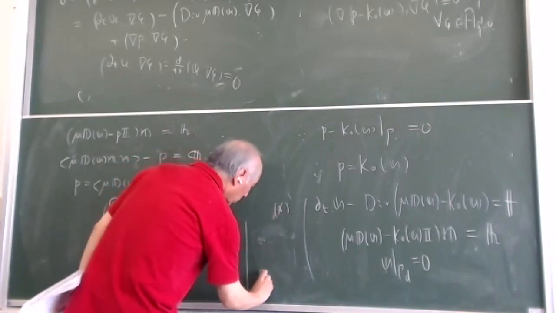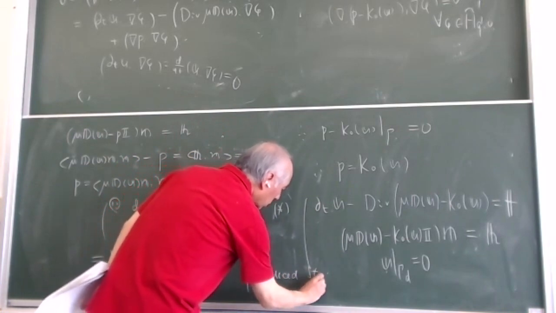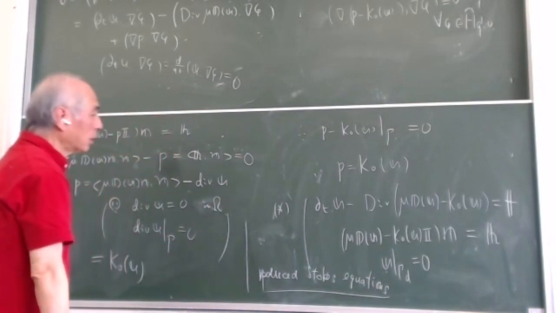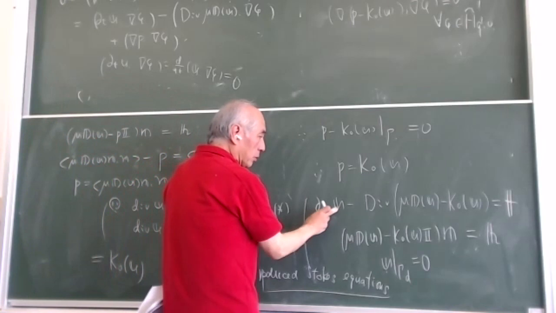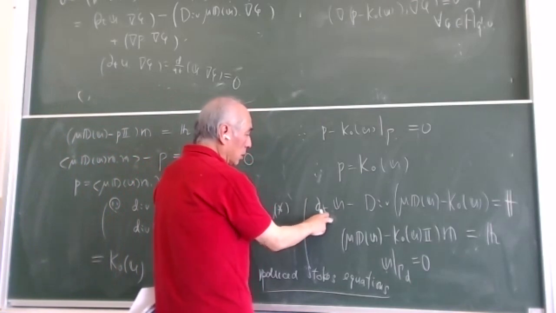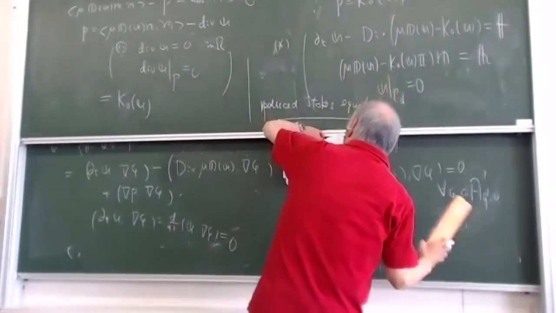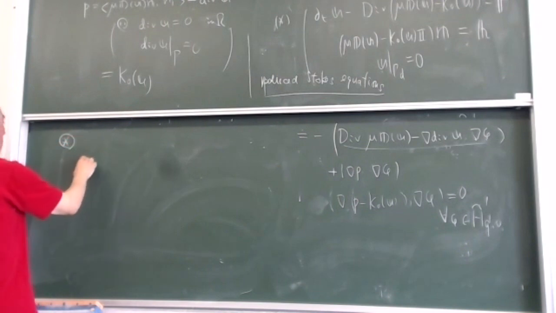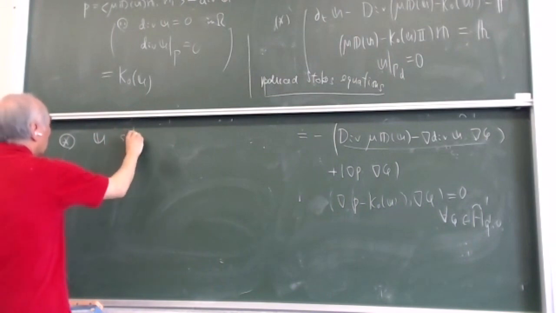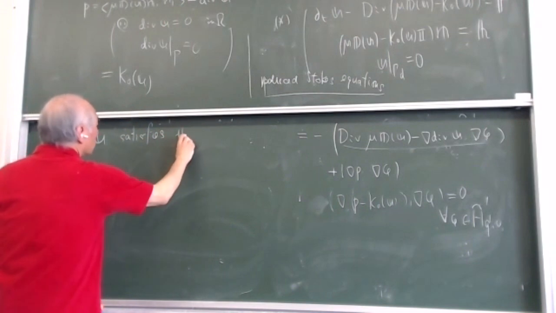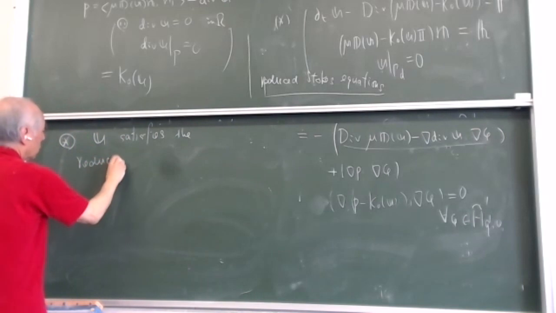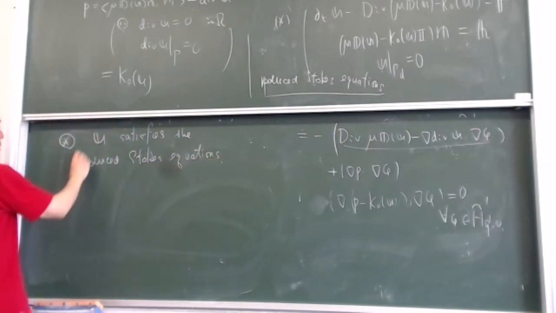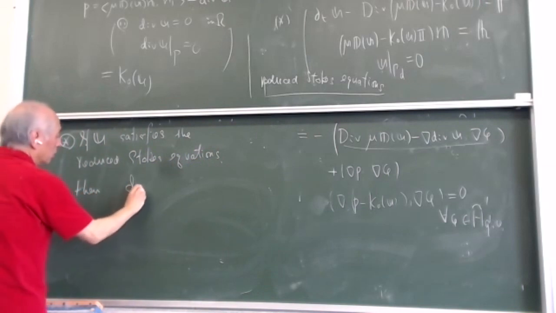This is called the reduced Stokes equation. Here I eliminate the divergence free condition also, because today I have no time, therefore I cannot do it. But you can prove that you satisfy the reduced Stokes, and you can prove div u equals 0.